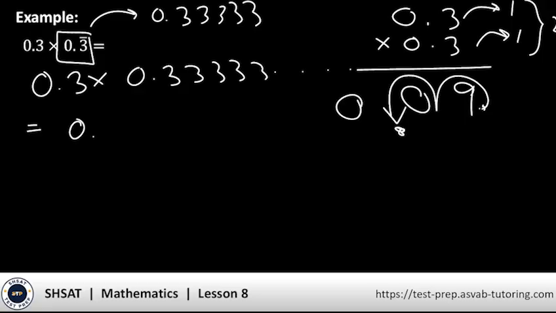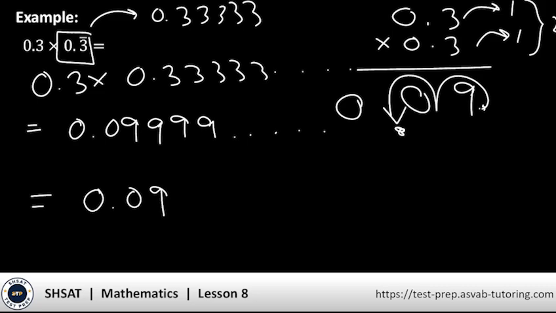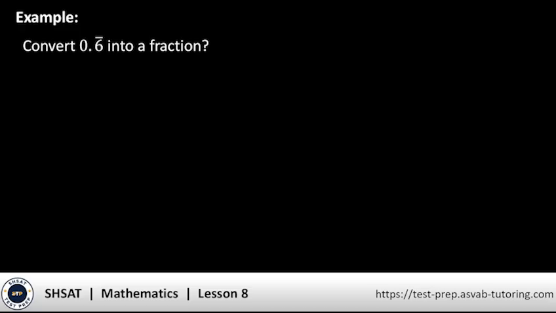So your answer is 0.09. But because you're multiplying with a lot of different threes, your answer is 0.099999 and whatnot. So if you would like to give your answer in a recurring decimal, your answer would be what? 0.09, and on top of the 9 you put a sign like this, which represents that there are continuous 9s.